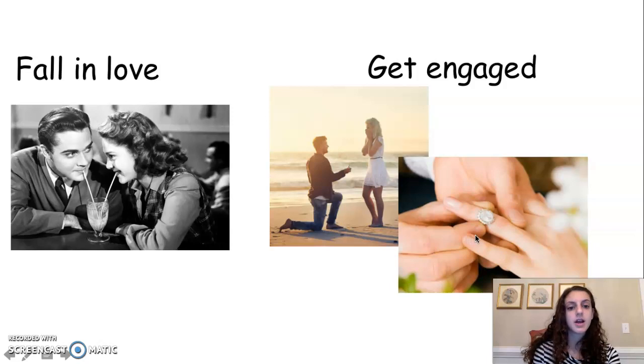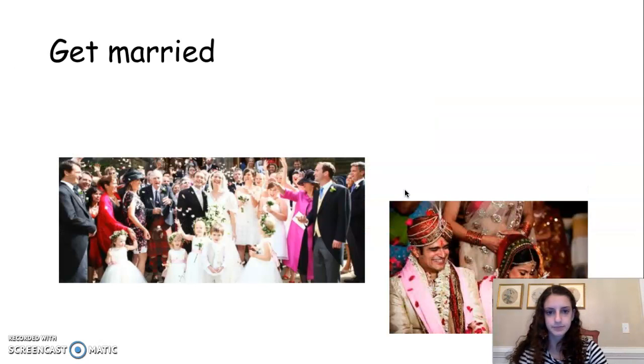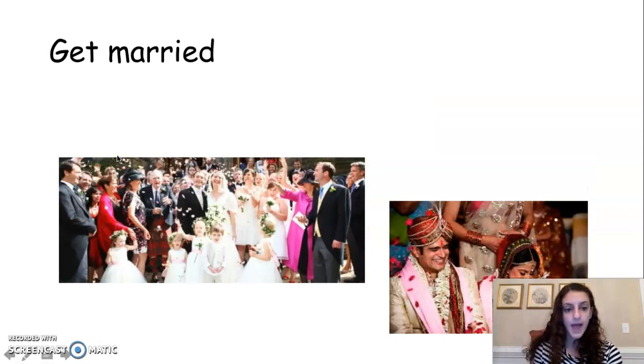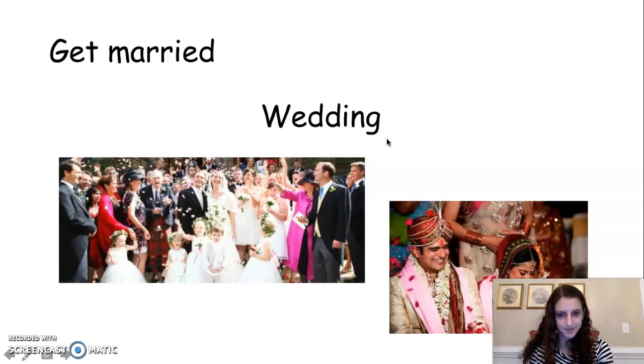Sometimes the man gives the woman an engagement ring to show or to symbolize that they will get married. After getting engaged, people get married. They get married at an event called a wedding.